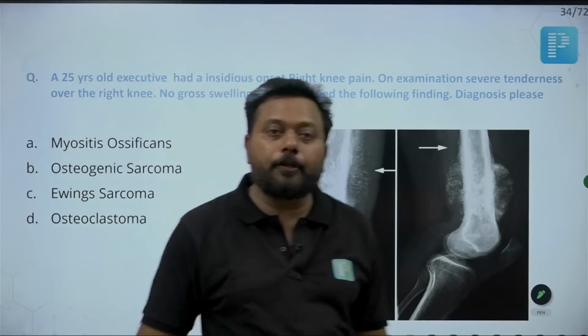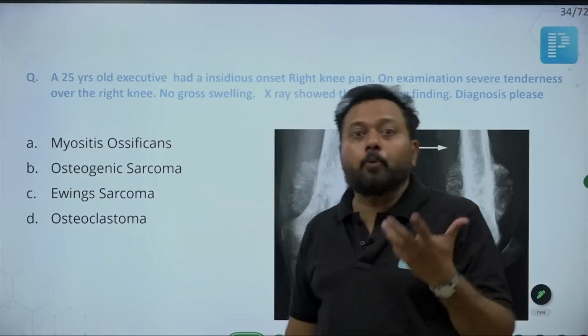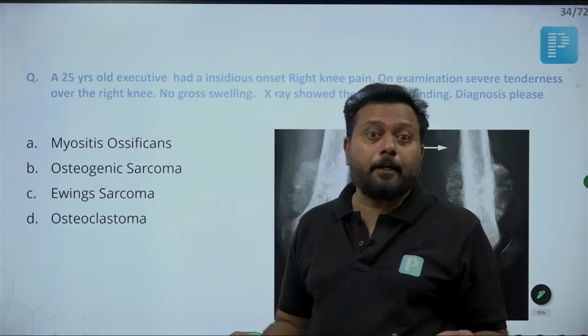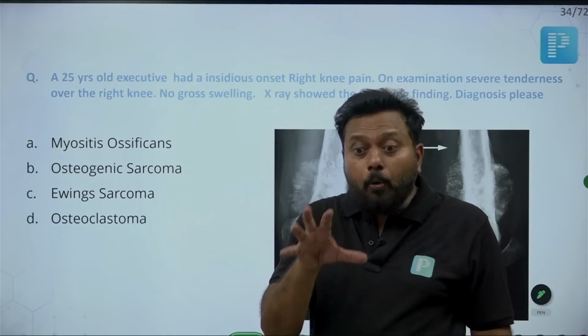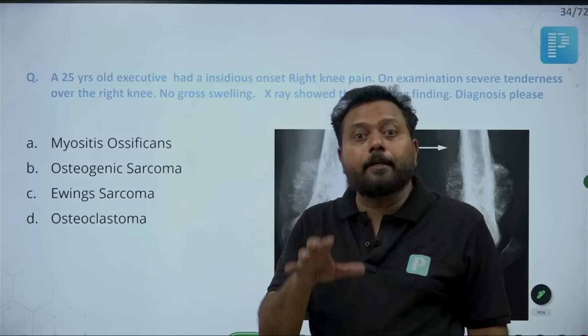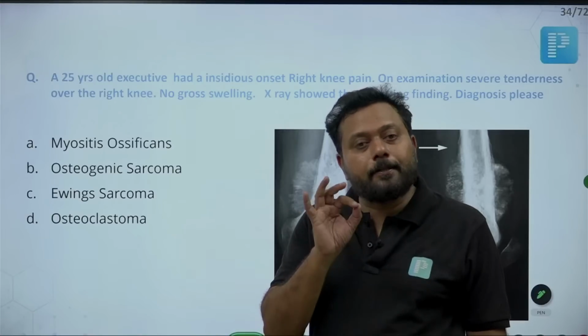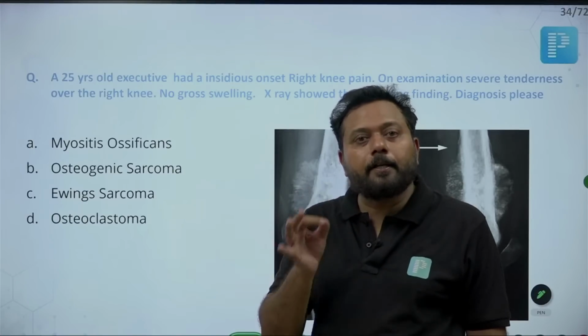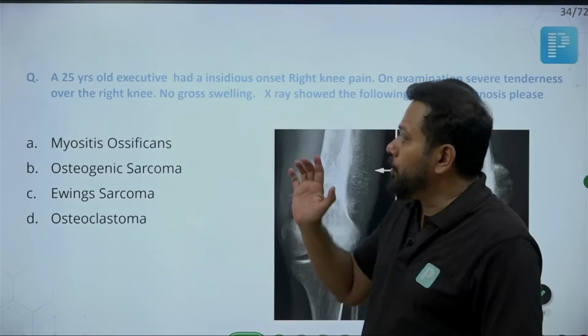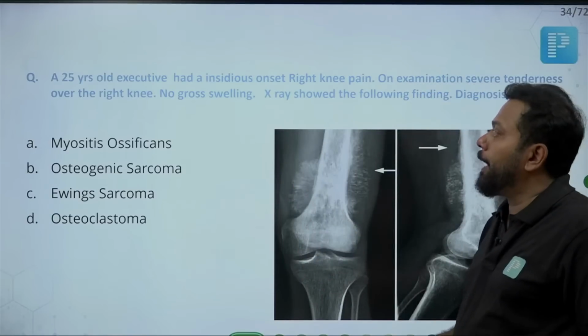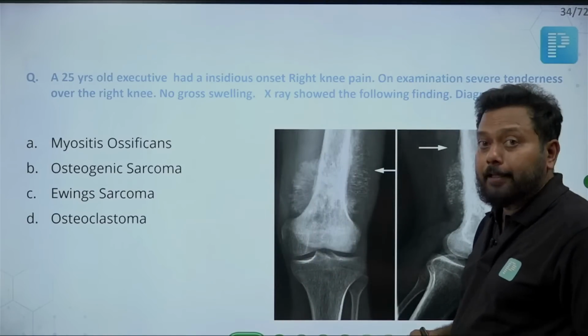Then it is called insidious onset. Clear-cut onset won't be there. Patient or patient's attenders can't clearly say how this pain started, when it started. Then the type of onset is called insidious. The pronunciation is insidious. Okay, so a 25-year-old executive had an insidious onset of right knee pain.